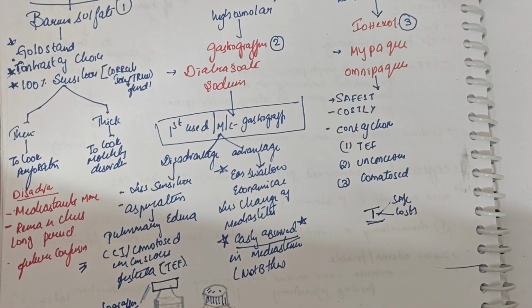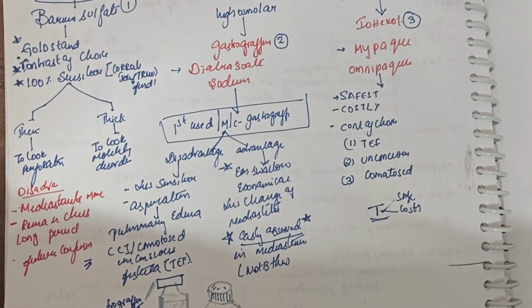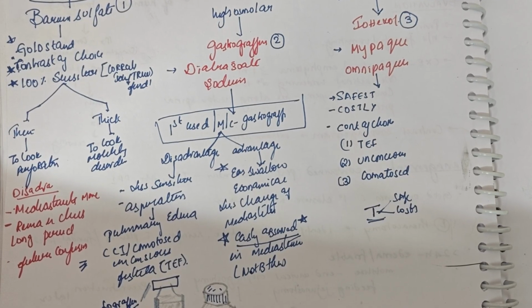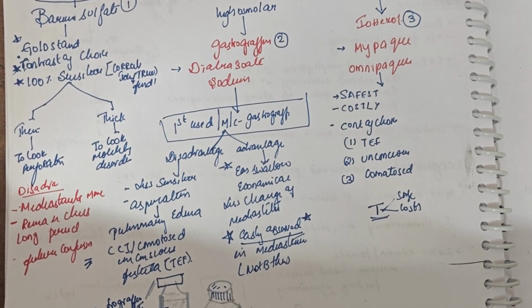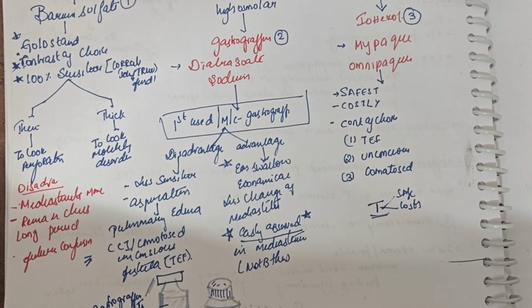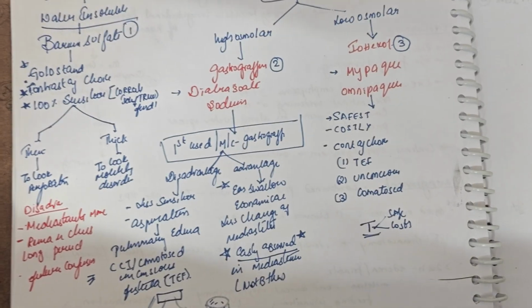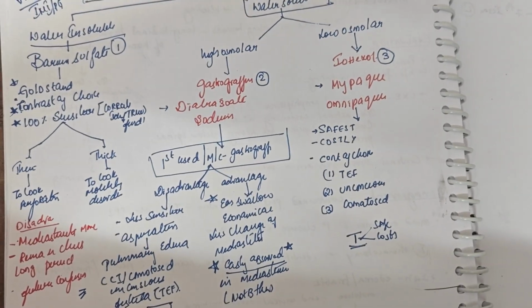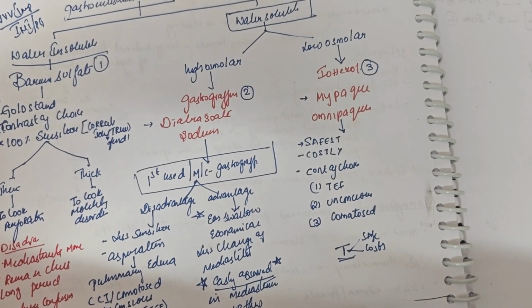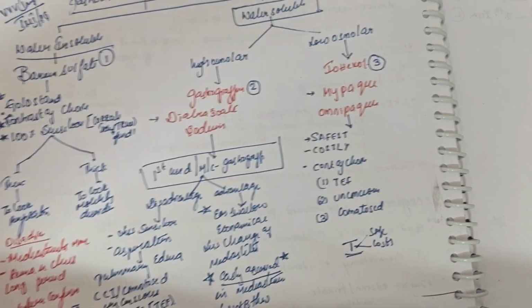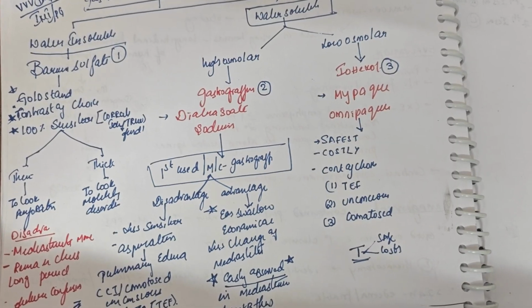Now we should also understand the disadvantage of barium sulfate. It causes mediastinitis, more of mediastinitis, because of absorption. It remains in the chest for a long period, so it further confuses matters, because the presence of barium sulfate in the chest disturbs the diagnosis of esophageal perforation.